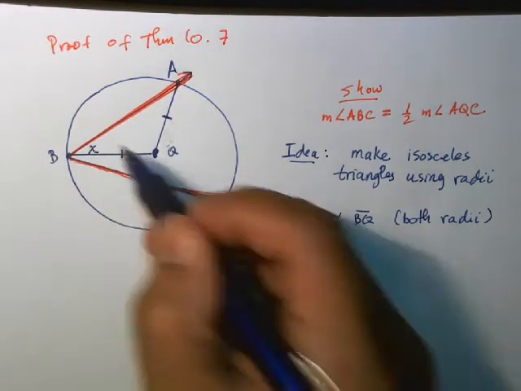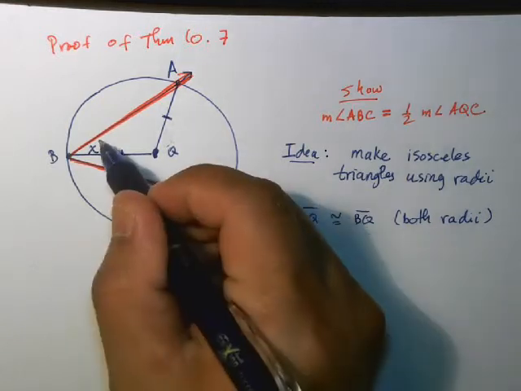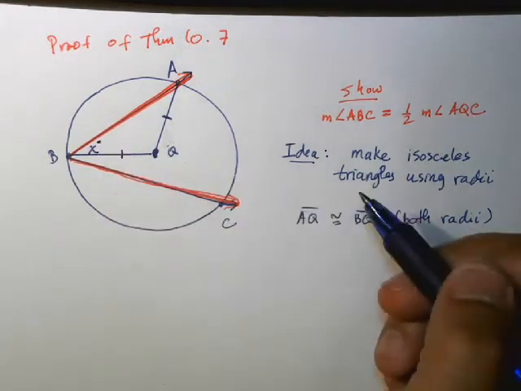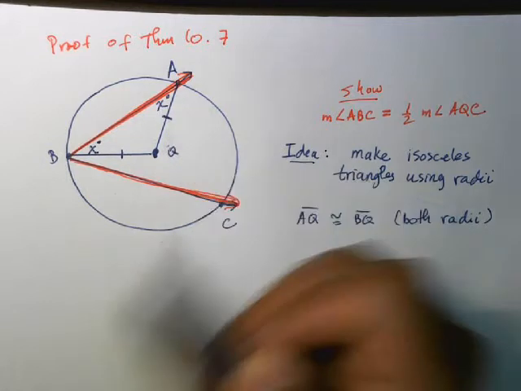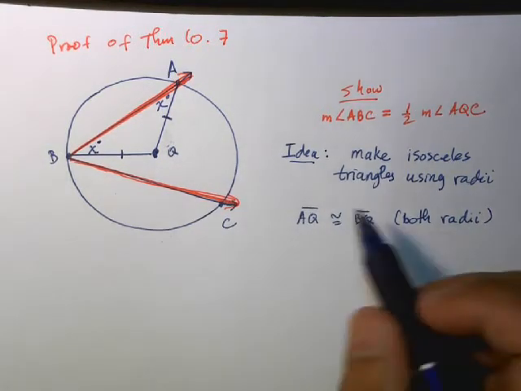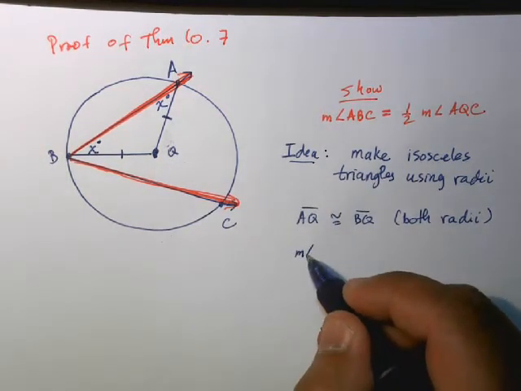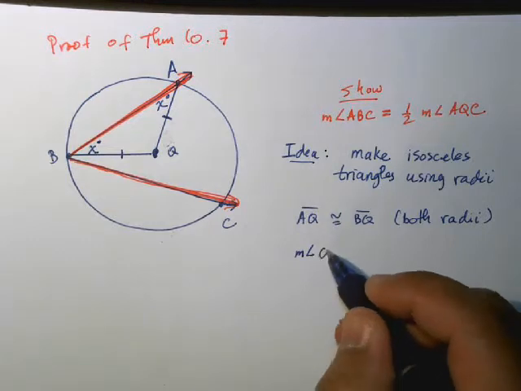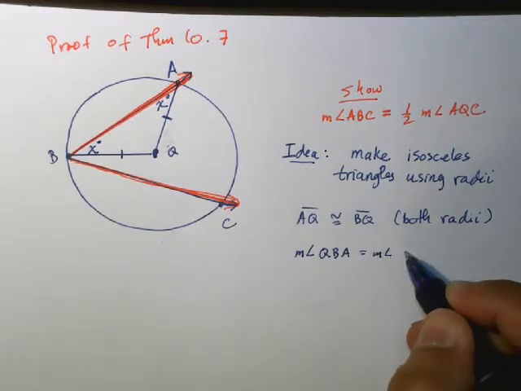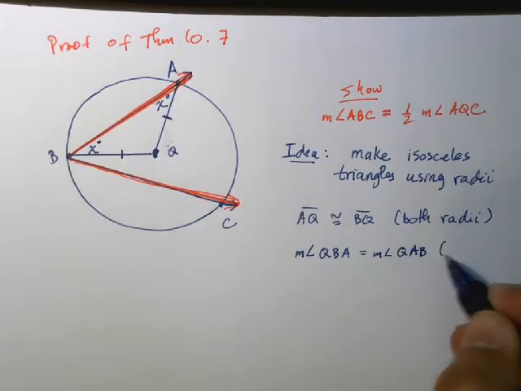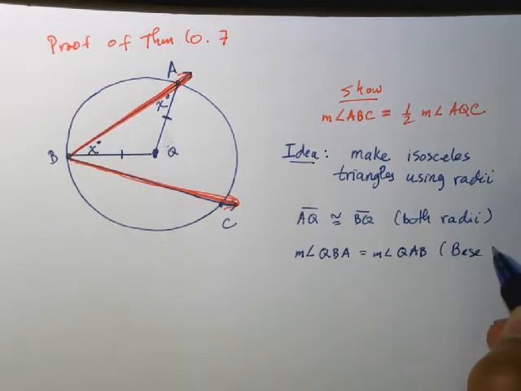So let's call this angle x. We don't know what it is, but let's call it x. Now, if this angle is x, then this angle up here is also equal to x. Okay, so I'll put it this way, the measure of angle QBA is equal to the measure of angle QAB. And this is the base angles theorem.